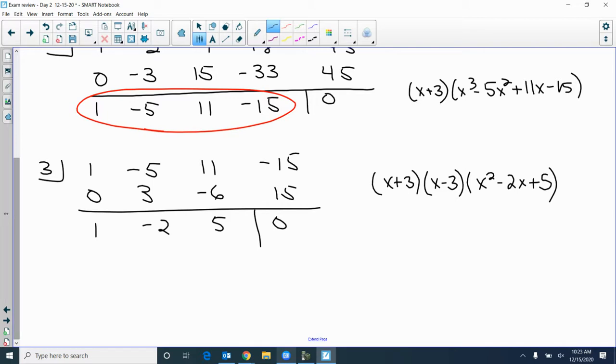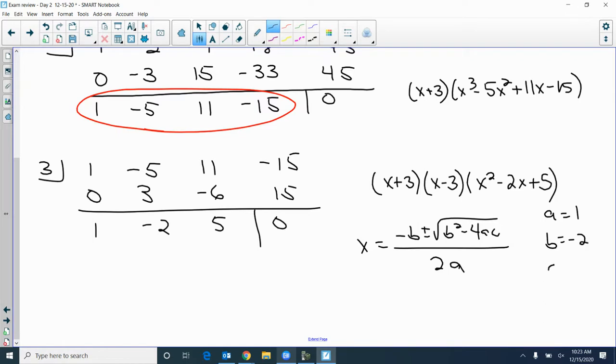And you should expect to get back an i in your answer because it did not hit the x-axis anywhere else, at least from what we could see. So I got x equals -b plus or minus the square root of b squared minus 4ac all over 2a. A is 1.